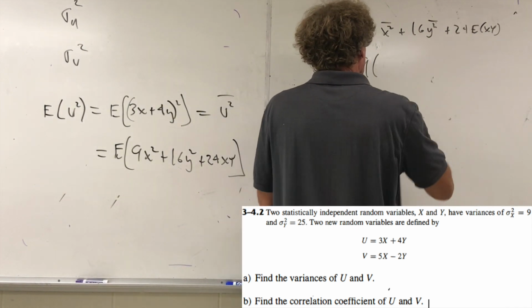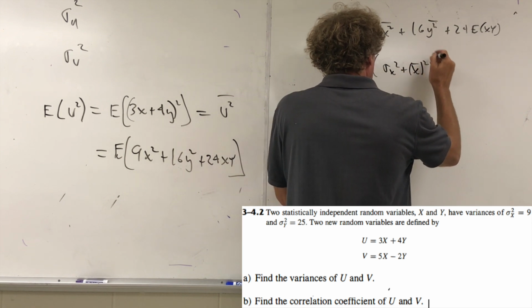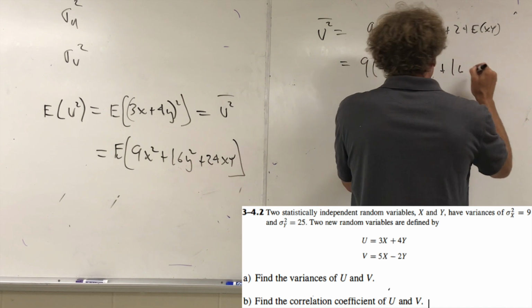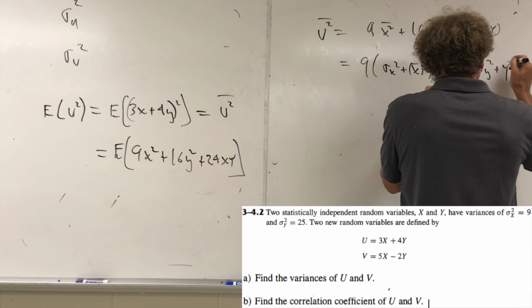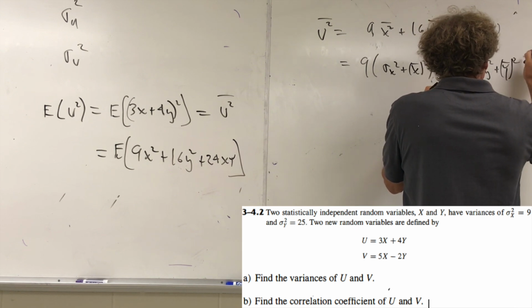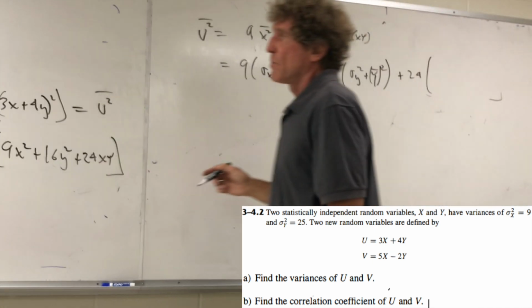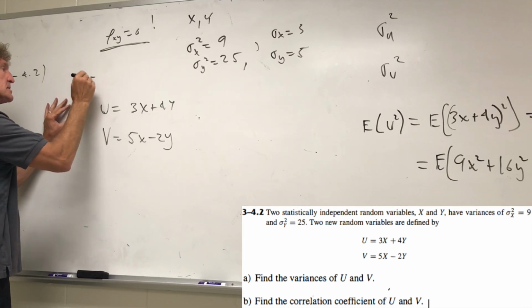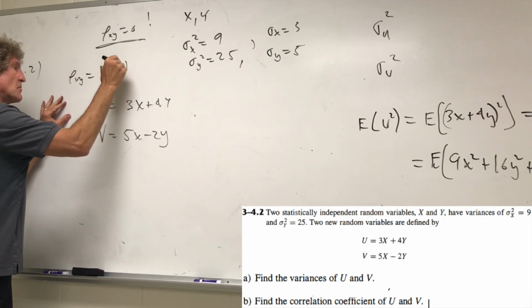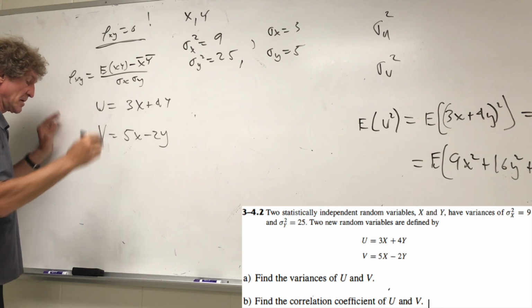This is sigma x squared plus x bar squared, right? Plus 16 times sigma y squared plus y bar squared. And it's plus 24 times the expected value of xy. Well, what is the expected value of xy if this is true? Rho xy is equal to the expected value of x times y minus x bar y bar over sigma x sigma y, right?